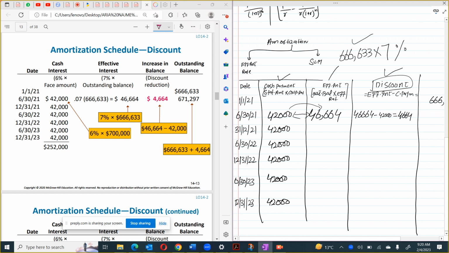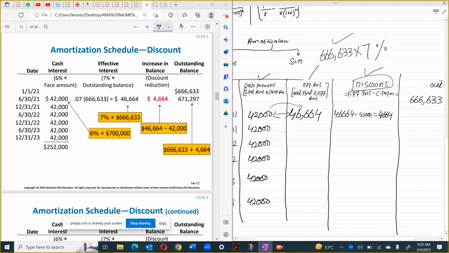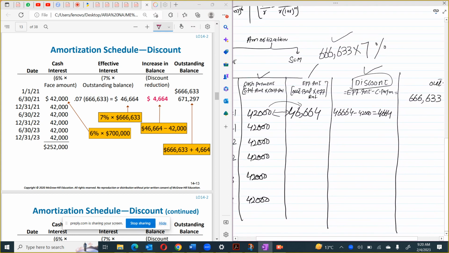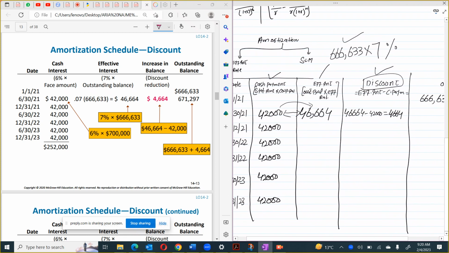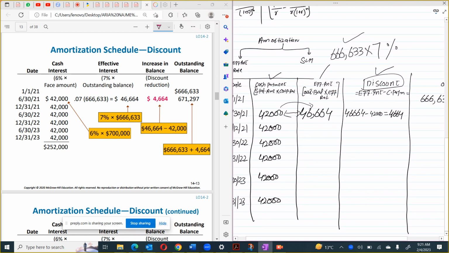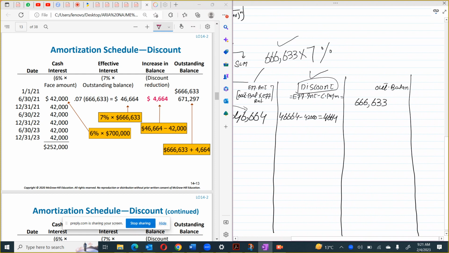Yes. Good. Outstanding balance multiplied by effective rate. And how did you calculate the discount amount? Effective interest minus cash payment. Okay. Now, how will you calculate the outstanding balance? I am calculating this amortization for a discounted bond.